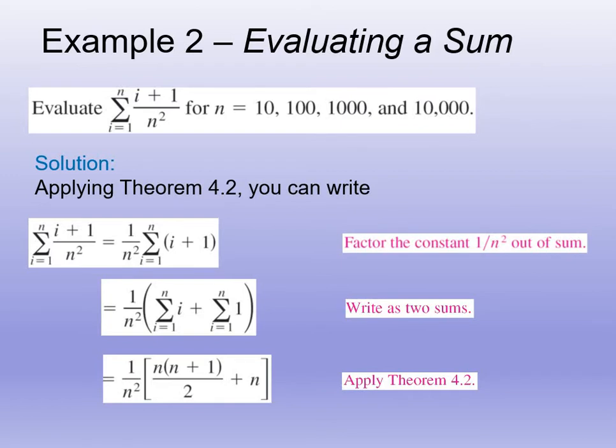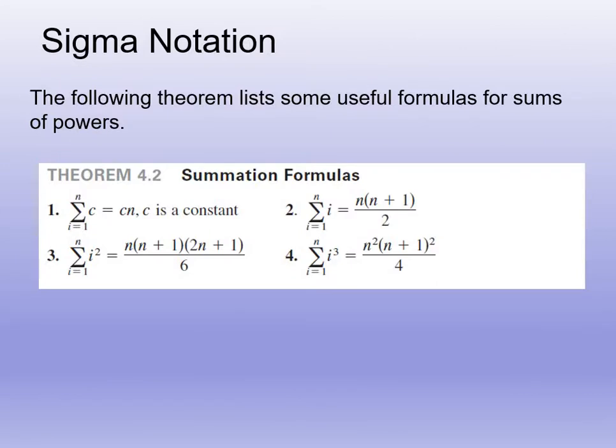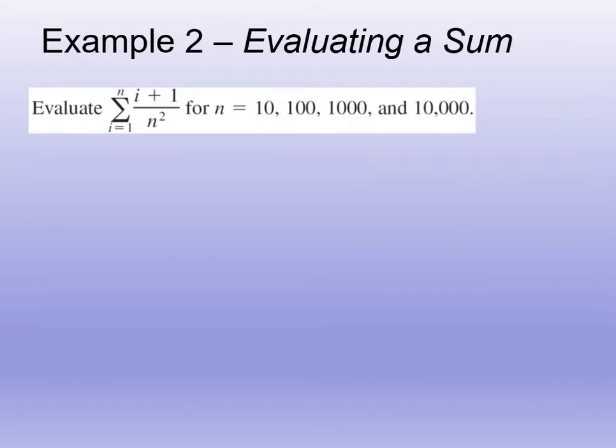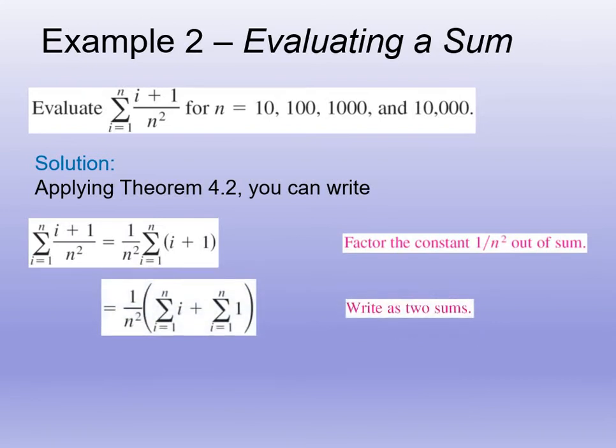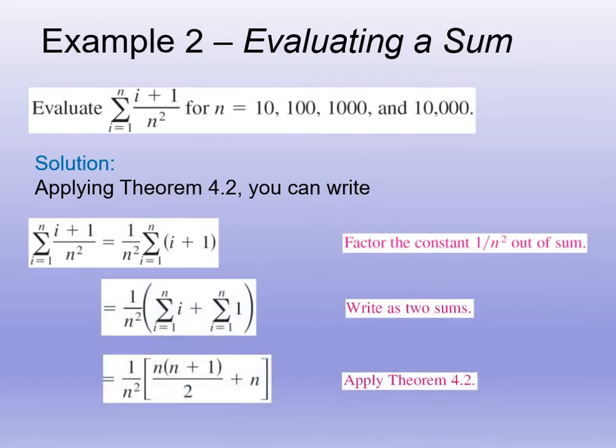Those are both in theorem 4.2, so I'm going to step back a slide here. We are using number 2 and number 1 here. We're replacing the i with n times n plus 1 divided by 2, and we're replacing our constant, which is 1, with 1n. Very important that we do some replacing here.